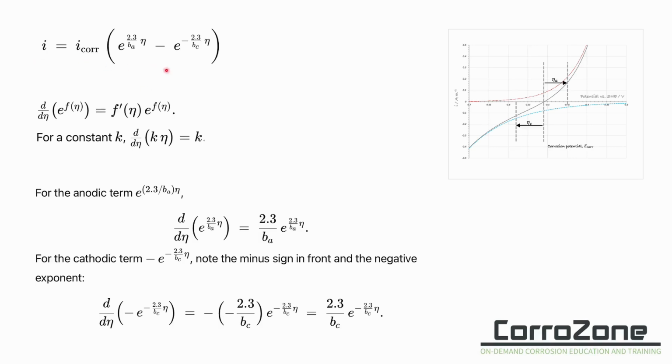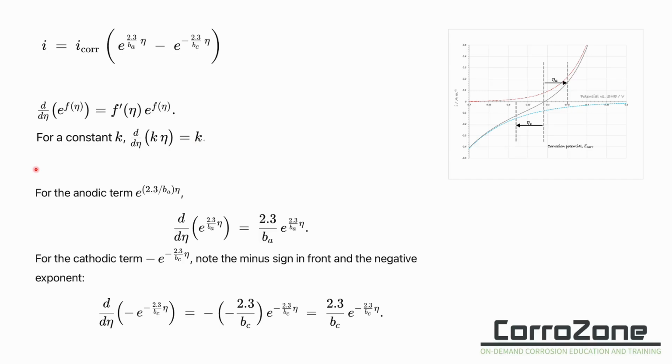So in order to differentiate the gray curve, which is represented by this equation, we need to remember that the derivative of e raised to a function of eta with respect to the overpotential eta equals the derivative of the function multiplied by e raised to the function. Also, the derivative of k multiplied by eta with respect to eta equals k.